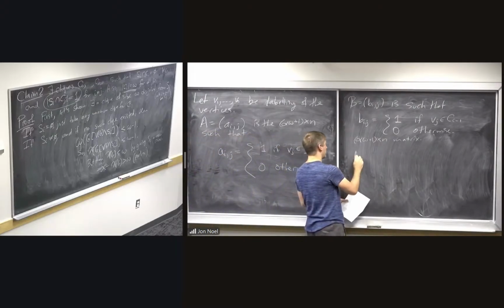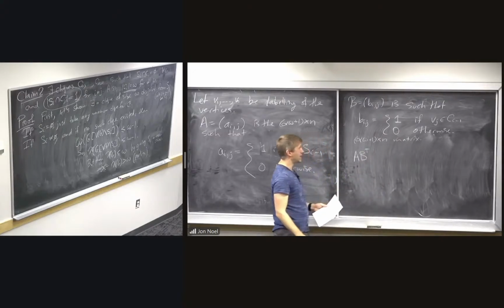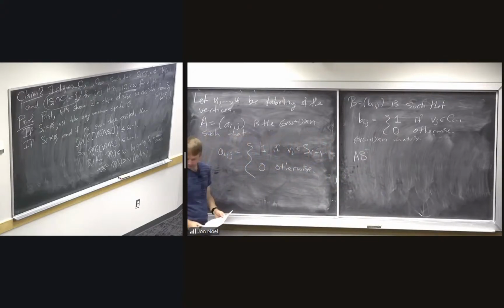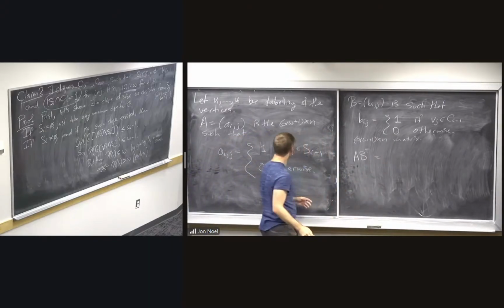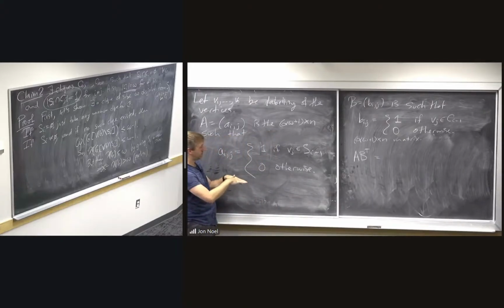So I want to think about what is A times B transpose. The first row of A is just an indicator function of the stable set S0.